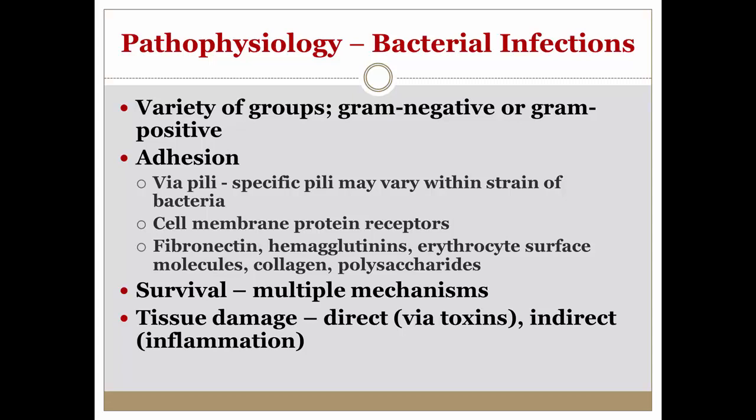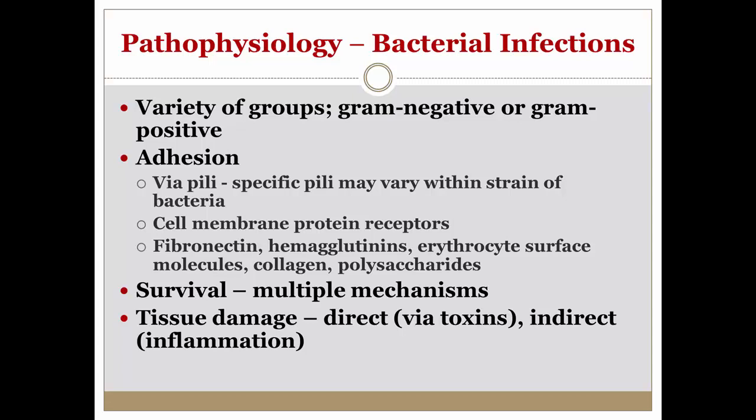But the pili are important in order to bind to cell membrane protein receptors. That allows them to bind to the tissues, and indeed, as part of that binding, may actually inactivate cells of the immune system.